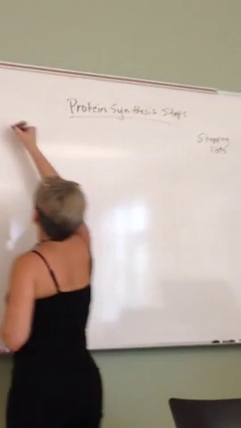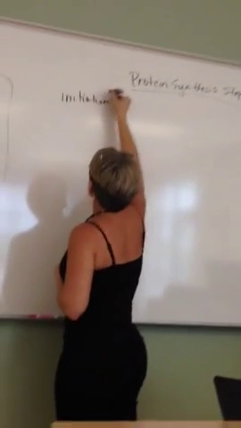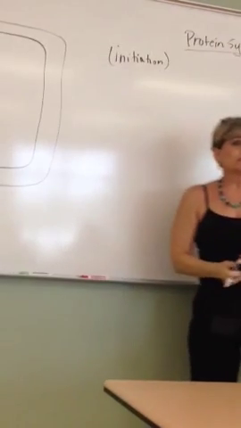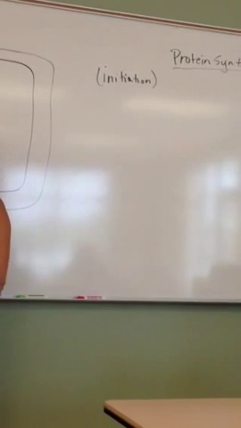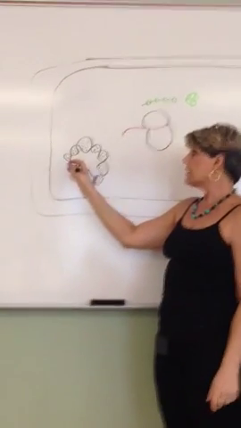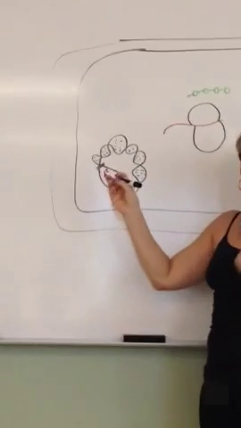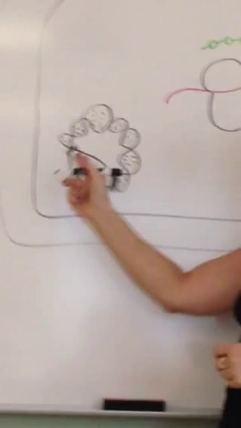The first step, protein synthesis steps, actually there's an initiation step. I won't ask you about initiation. It just means when the mRNA is being copied from the DNA, it has an area that says, okay, let's go. Let's start the process of protein synthesis. It's a signal to the cell.